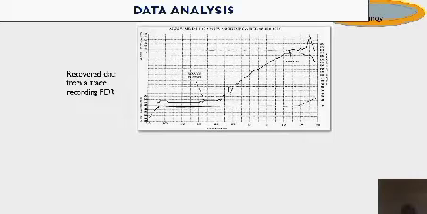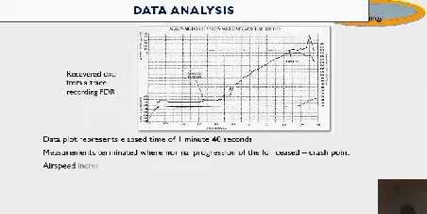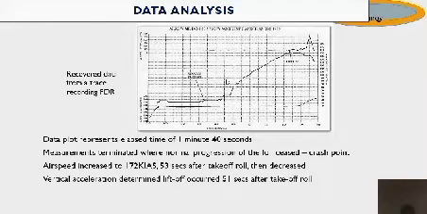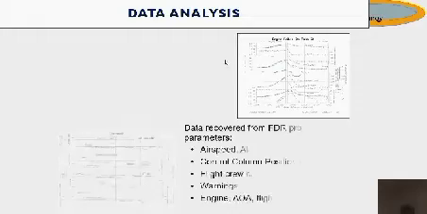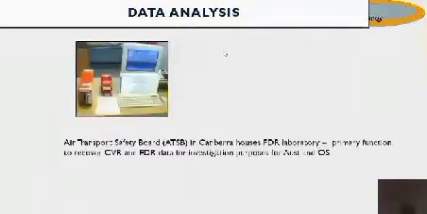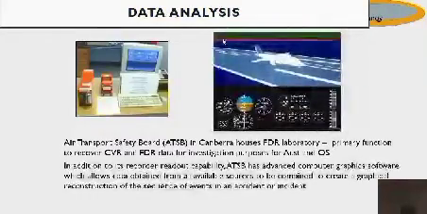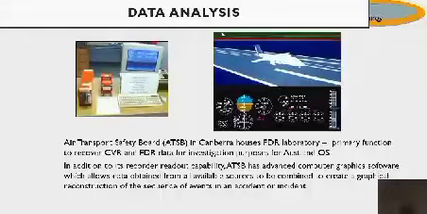Recovered data from a trace recording, that's the data analysis. The Air Transport Safety Board in Canberra houses the FDR laboratory. The primary function is to recover CVR and FDR data for investigation purposes.